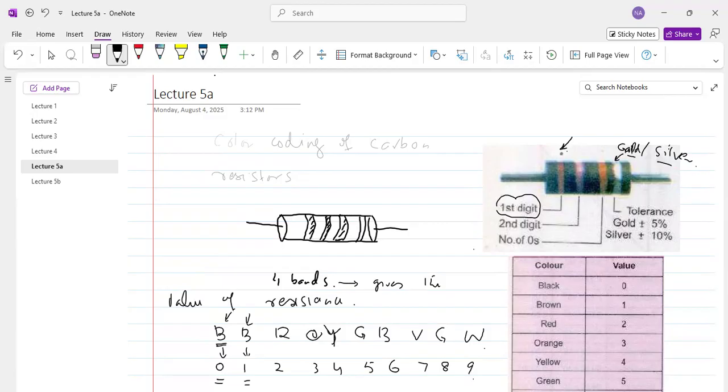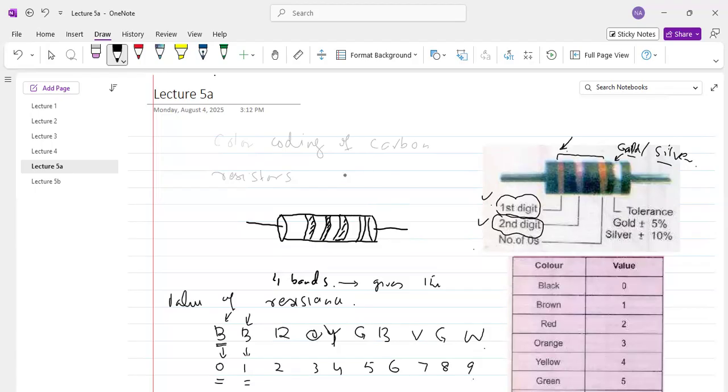The three bands are taken in order from the left side. The first band represents the first digit, and the second band represents the second digit.